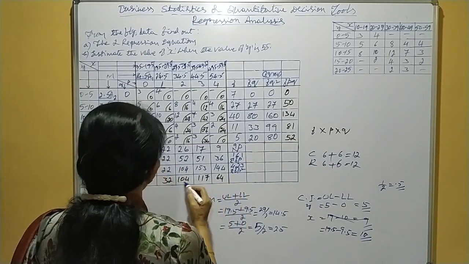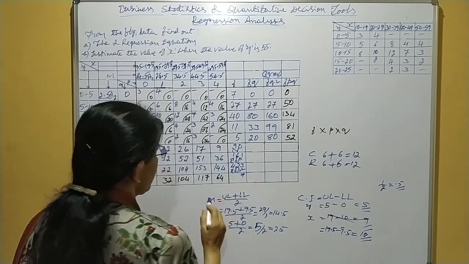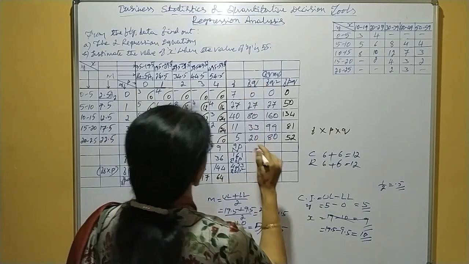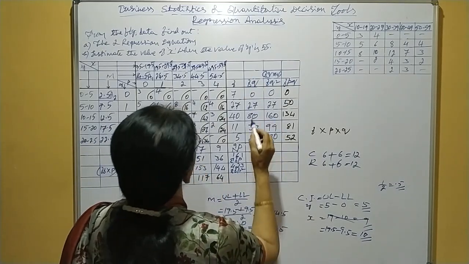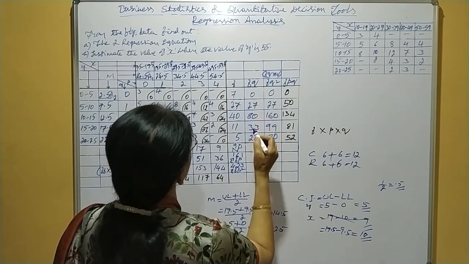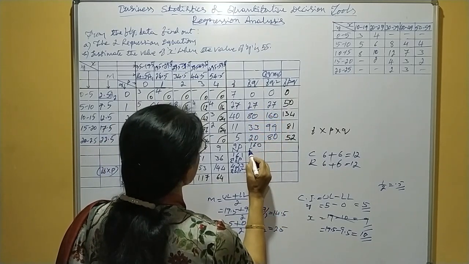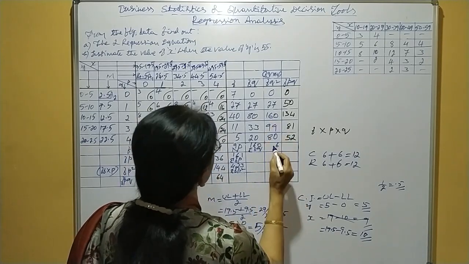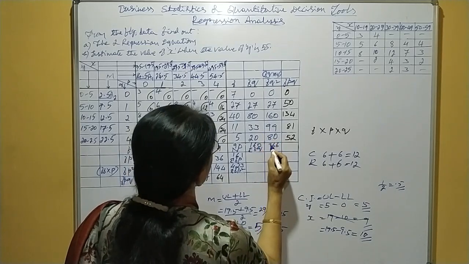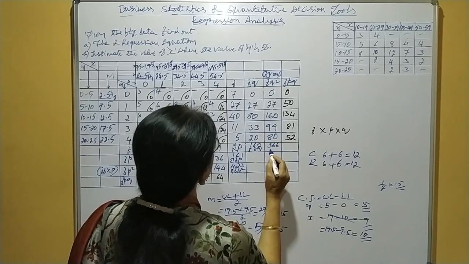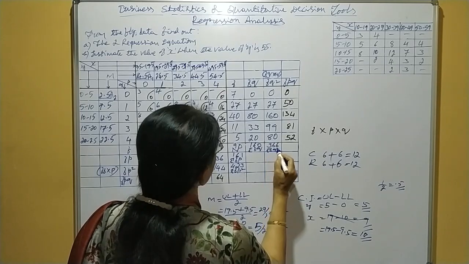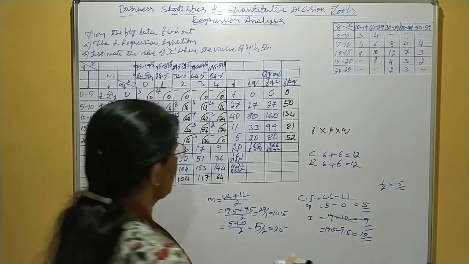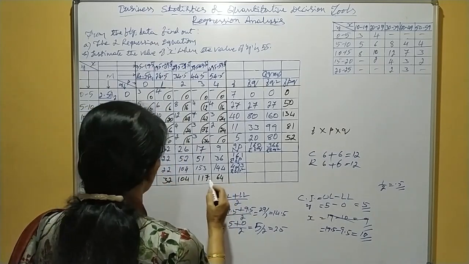Here, let us take the total of fq first. Sigma fq is 160, sigma fq square is 366. Now take the total of fpq.